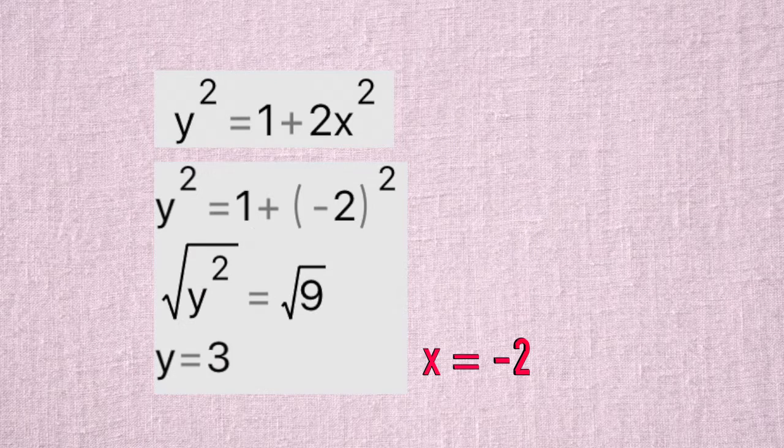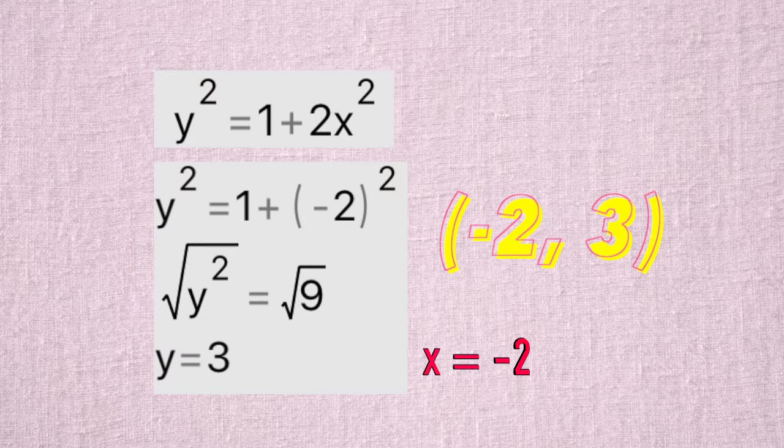So y squared equals 1 plus quantity negative 2 squared. The answer will be y squared equals 9. Since the y was squared, we need to take the square root so that we can find the value of y. So square root of y squared equals square root of 9 will be y equals 3. The coordinates now are negative 2 and 3, since the value of x is negative 2 and the value of y is 3.